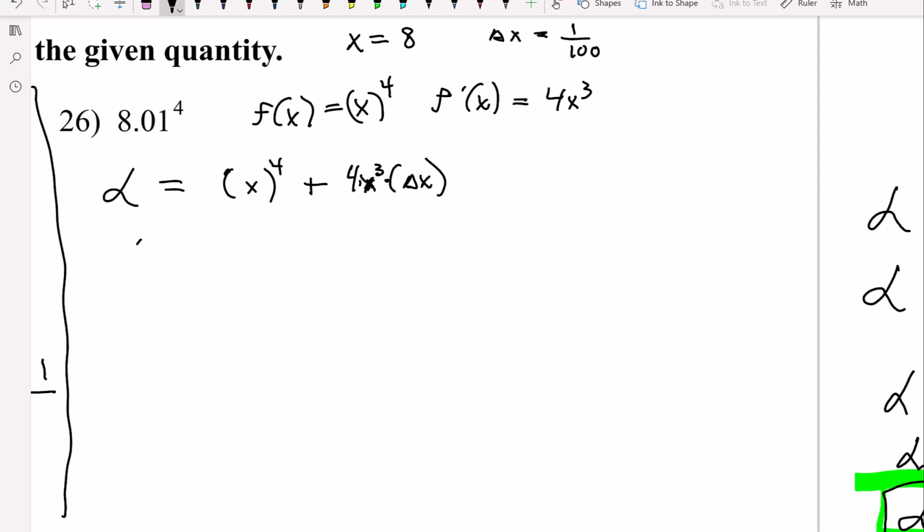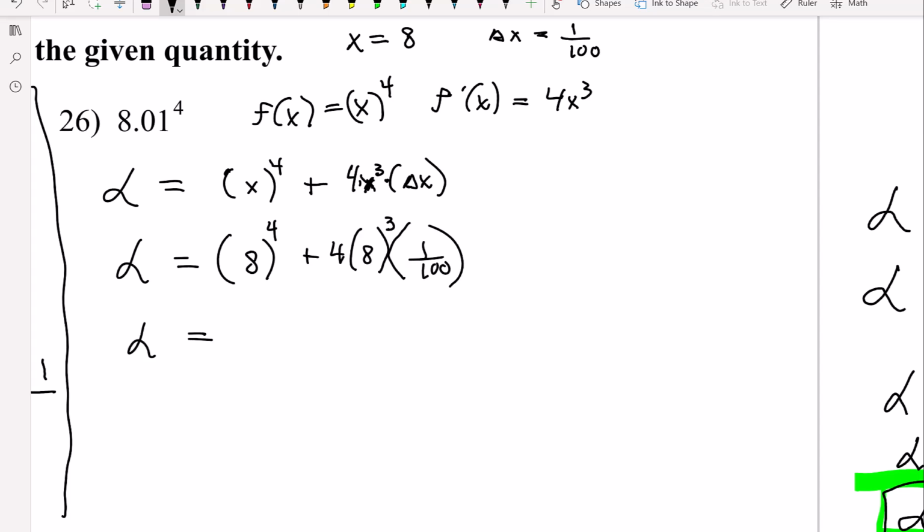All right, and then you plug in the numbers. So it's 8 to the fourth plus 4 times 8 cubed times one hundredth. 8 to the fourth is 4,096.